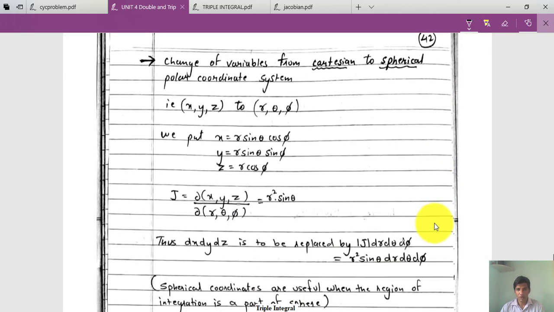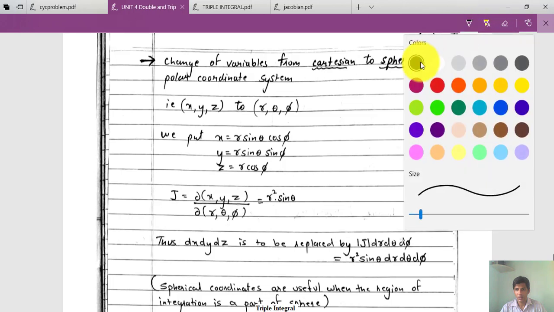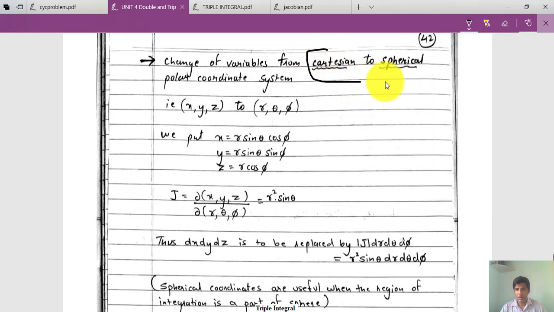The change of variables from Cartesian to polar coordinates, this is important: there it was x equal to r cos theta and y equal to r sin theta.